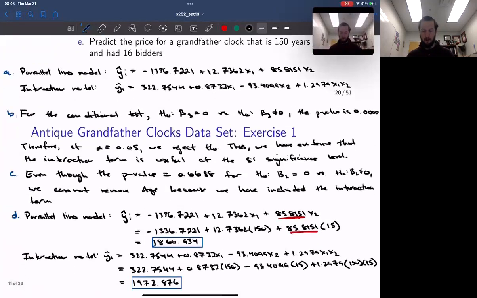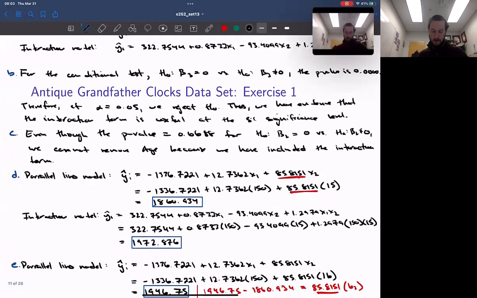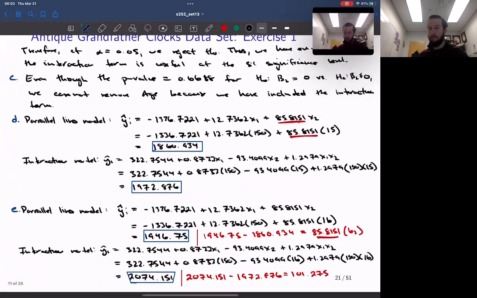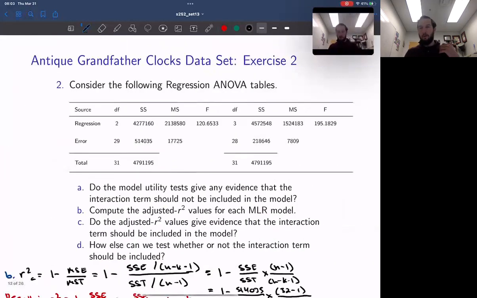For example, in part D and part E from last class, we had grandfather clocks that were 150 years old and had 15 bidders. We plugged those 2 values into the model and ended up with a price of around $1,860.93. So what we're going to talk about today is more of the inferential parts and the model assessment parts.